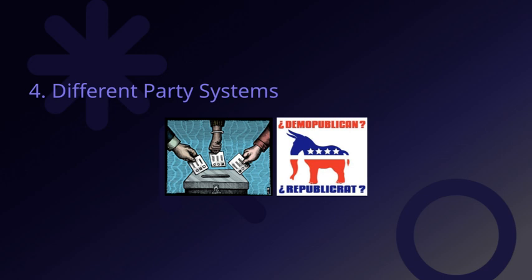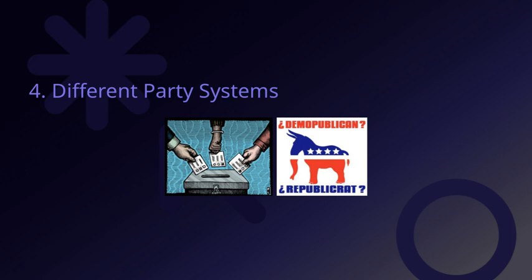On the other hand, a two-party system features two main parties that compete for power, often leading to clear choices for voters. Then there are multi-party systems, where multiple parties have a significant presence, encouraging broader representation, but sometimes resulting in coalition governments.